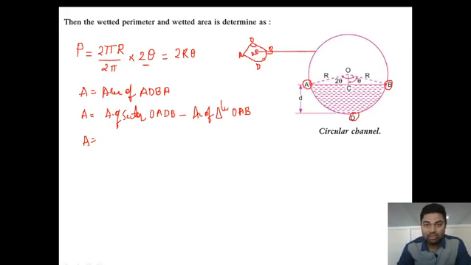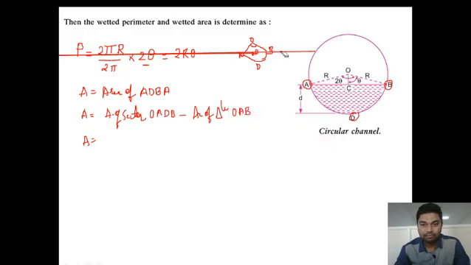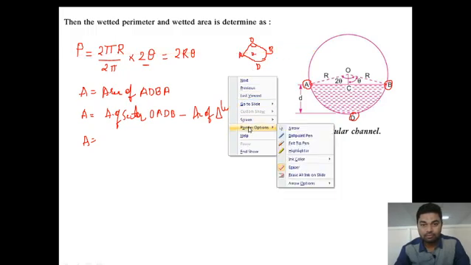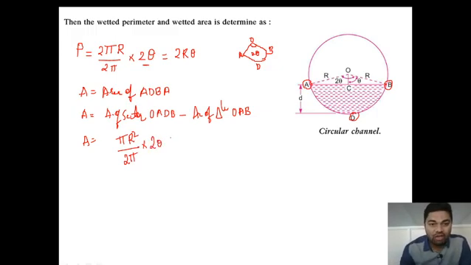This angle is 2 theta. So this area of sector can be given by pi r square by 2 pi into 2 theta, is the area of sector OADB.